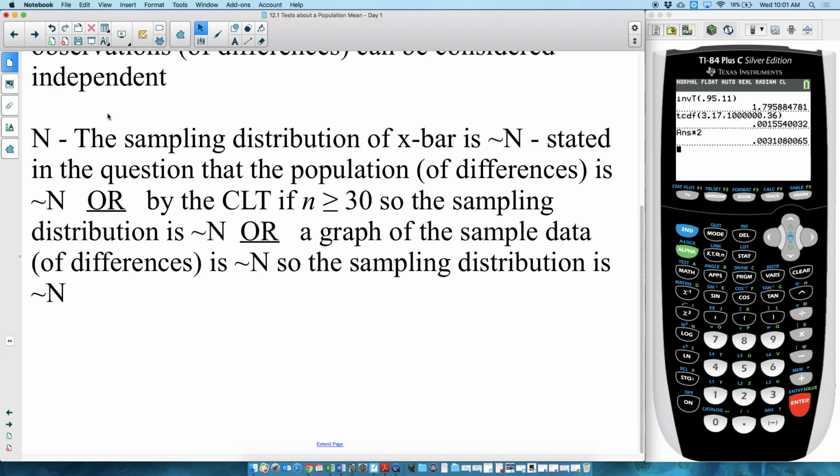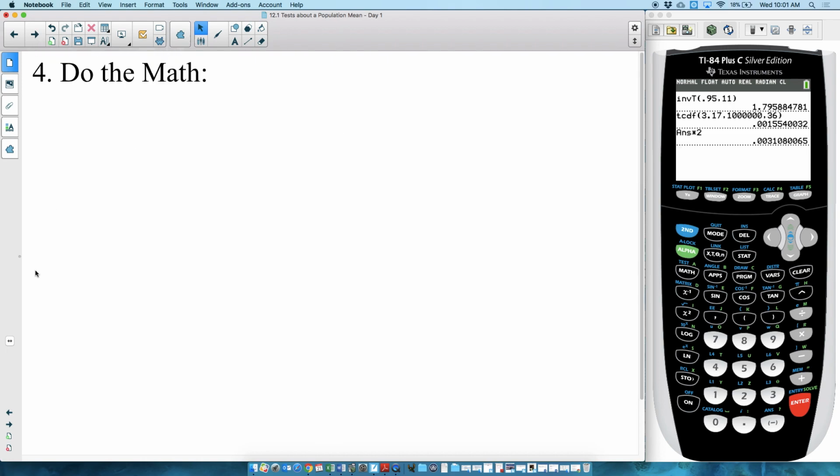Okay, we ready for the do the math step? My favorite step. All right, so our do the math. This is a T test, right? So we're not coming up with a Z statistic, we're coming up with a T statistic. But I get T the same way I got Z. I take my value minus the mean over the standard deviation.